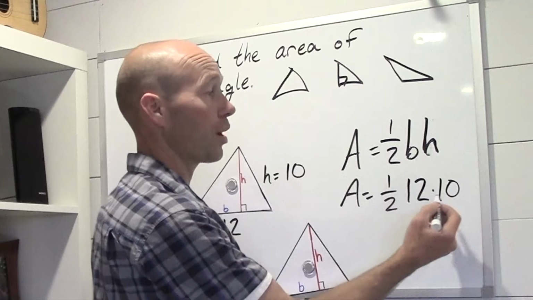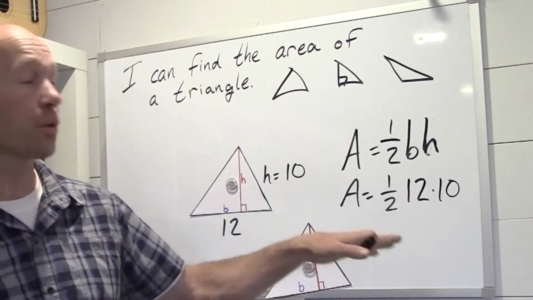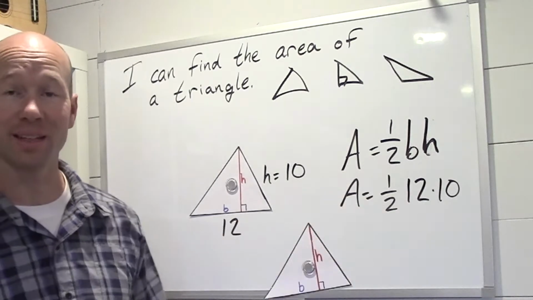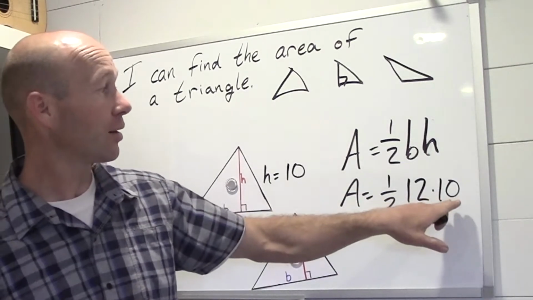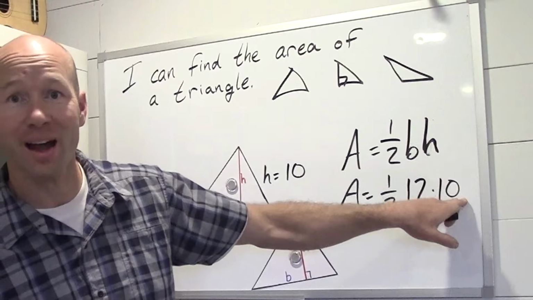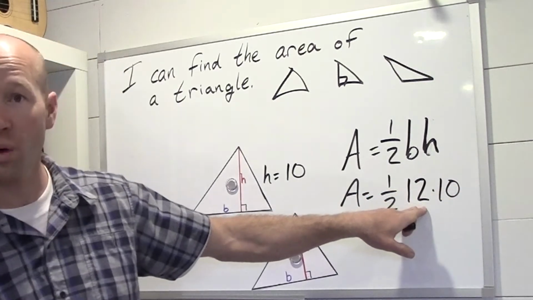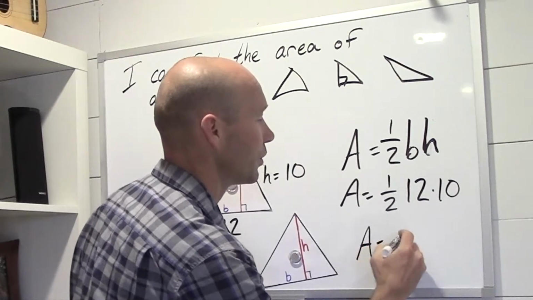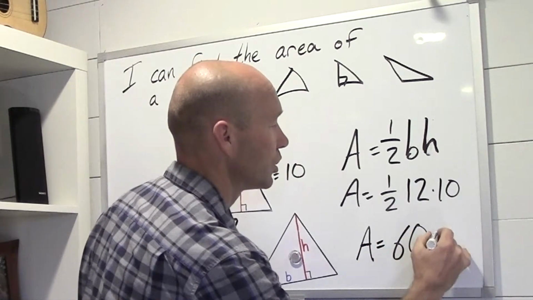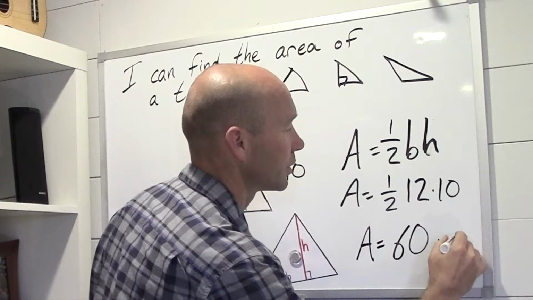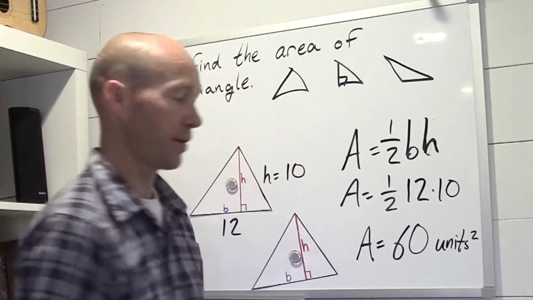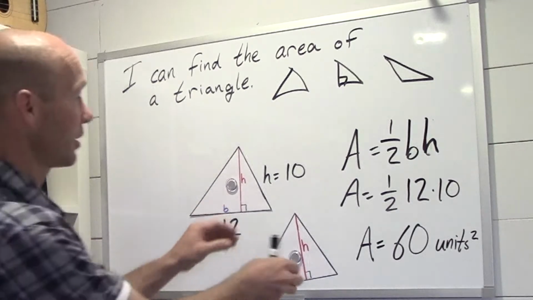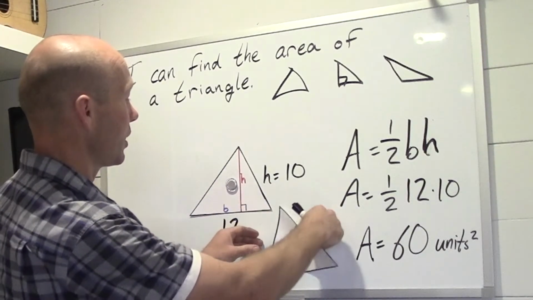Or we can say 12 times 10 is 120, and 1/2 of 120 is 60. We can say 1/2 of 10 is 5, and 5 times 12 is 60. Our area is going to be 60 units squared. Square units, because it is half of the parallelogram.